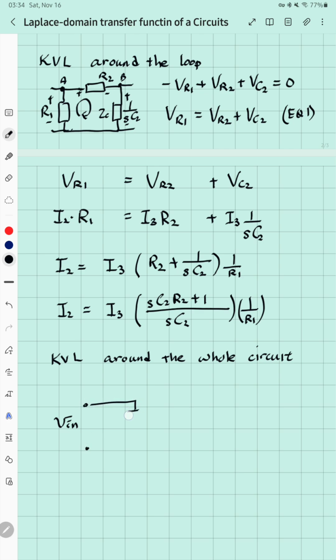I can redraw it just so we have C1, C2, R1, and this is R2.